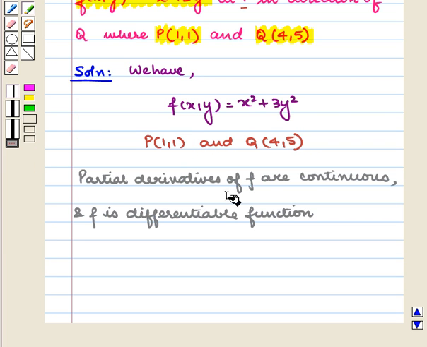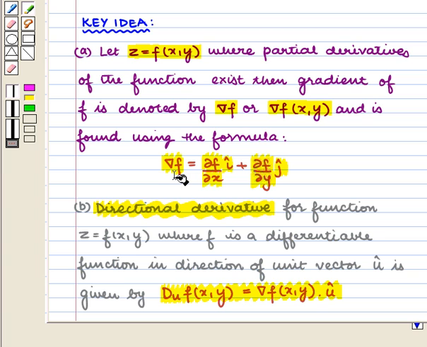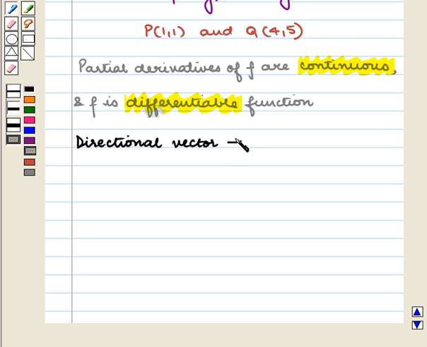Since partial derivatives of f are continuous and f is a differentiable function, we will use gradient of f to find its directional derivative. So here the directional vector will be vector PQ.